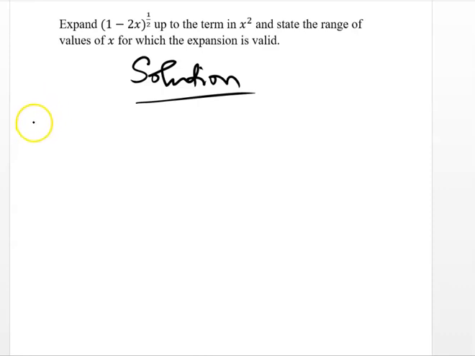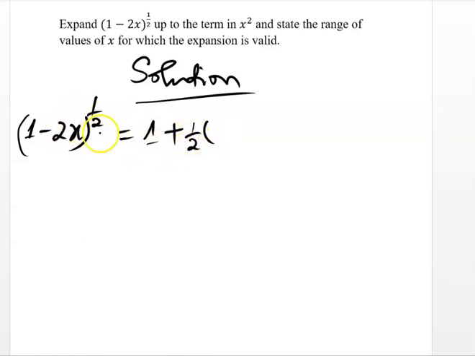Now, (1 minus 2x) to the power half. We are using 1 plus nx, where our n is half and our x is negative 2x, because 1 minus 2x can be written as 1 plus negative 2x, all to the power half.